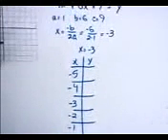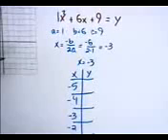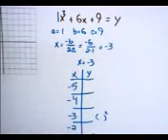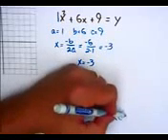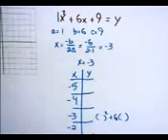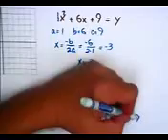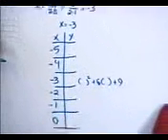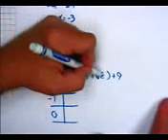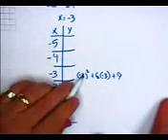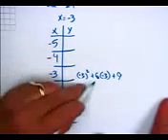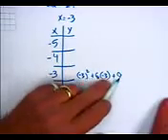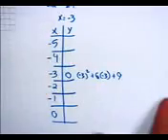And if you remember the equation, it's x squared plus 6x, that's a 6, plus 9. When x is negative 3, negative 3 squared is 9, plus negative 18 is negative 9, plus 9 is 0.